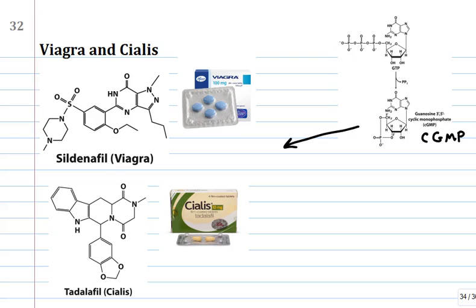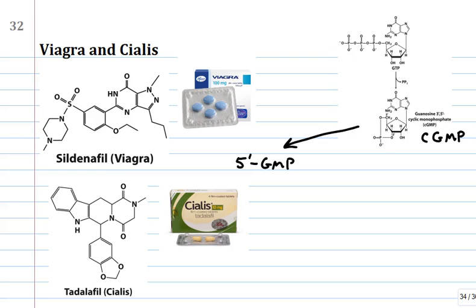Well, there's also a group of enzymes called cyclic GMP phosphodiesterases, and there's various isoforms of this. Now what that does is that converts cyclic GMP to just 5' GMP.